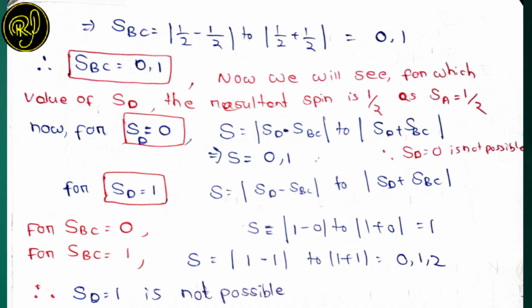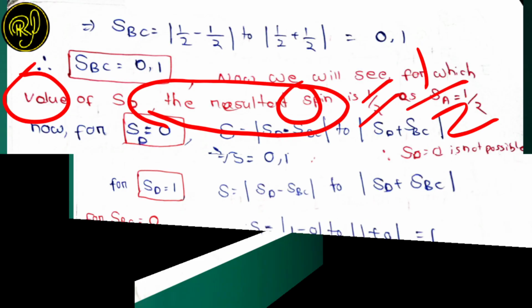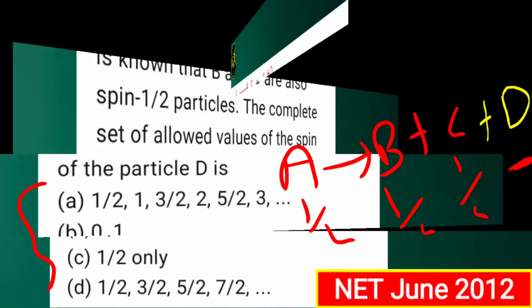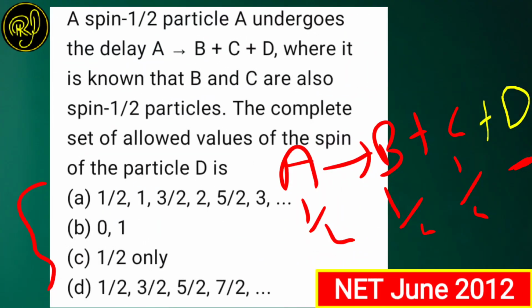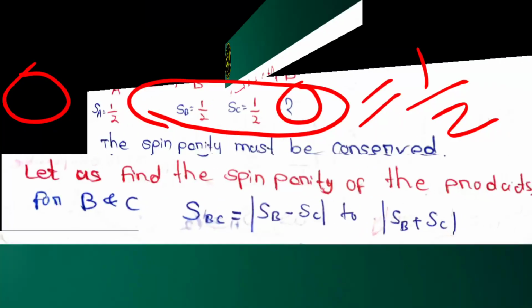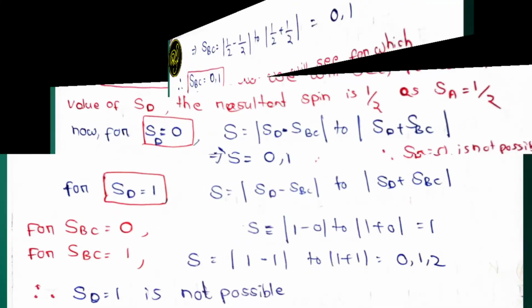Why am I considering 0? You can check in the options, there are many values: half, 1, 3 by 2, 0, 1, half, 3 by 2. So first I am just using the 0 and 1 combination. If it is not giving me the solution, then I will go for half. If it is not giving me the solution, then I will go for 3 by 2 and so on. So I am not taking it randomly, I am taking it logically.